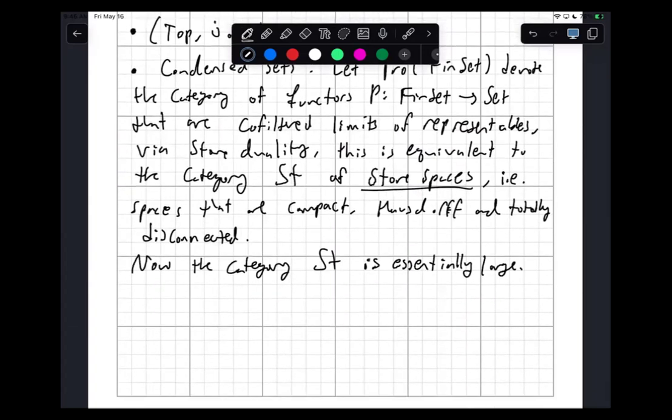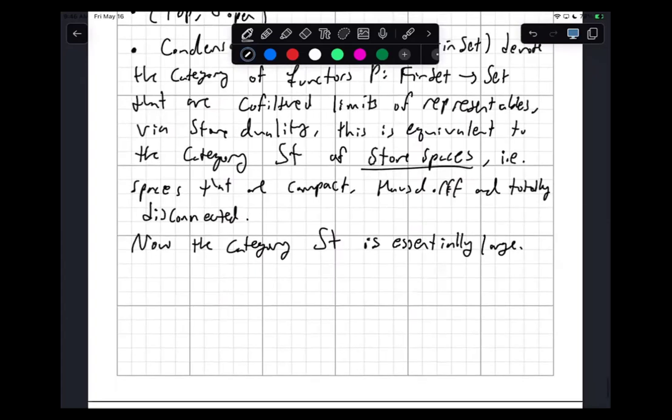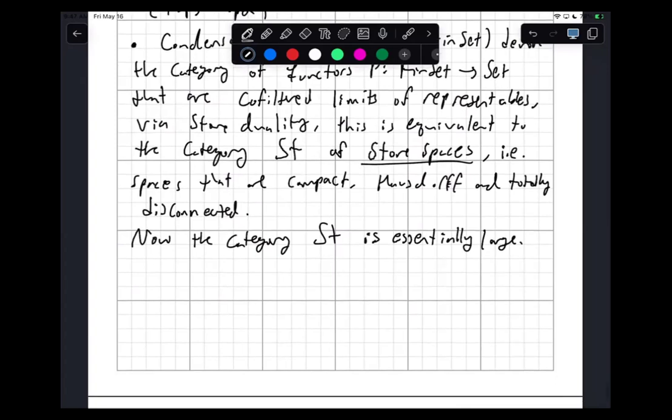Why is that? I don't remember why, but it is essentially large, because of the category of topological spaces. You just have to check it's compact, Hausdorff, totally disconnected. It's an essentially large category.